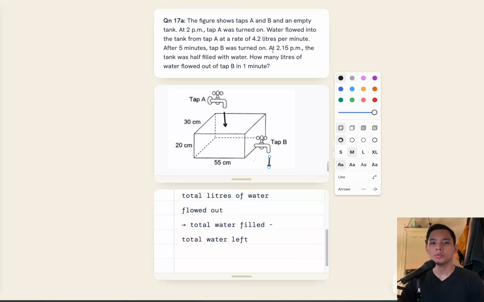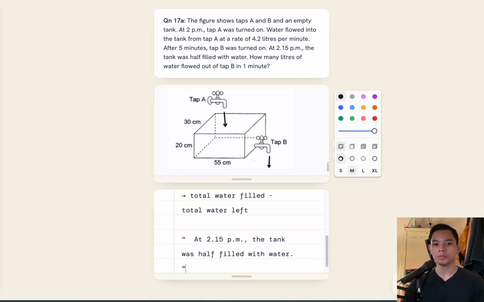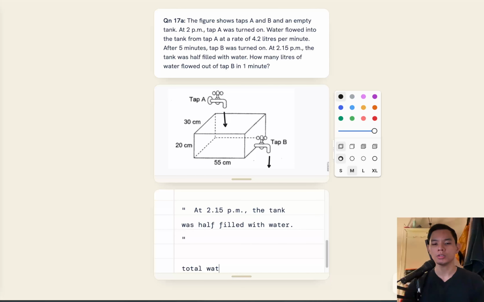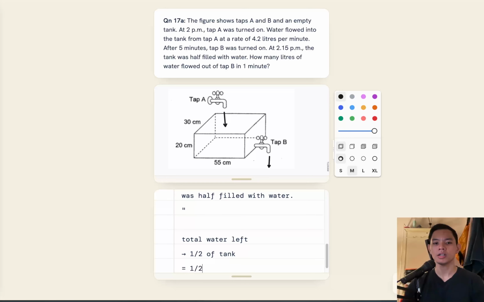So how do we know the total water left? At 2:15 p.m., the tank was half filled. So total water left is half of the tank, which is half times the volume, half times 55 times 20 times 30. This will be 16,500 centimeter cube. So that's the total water left.